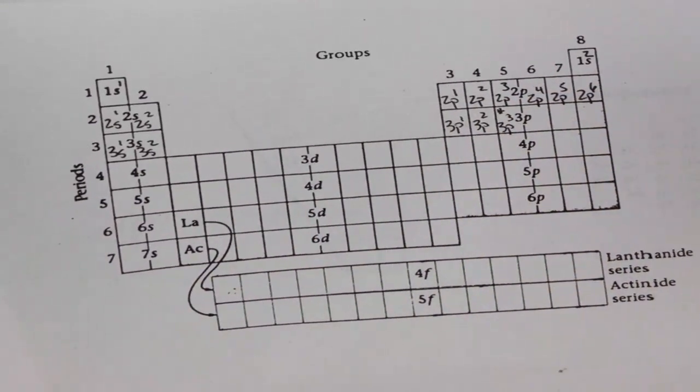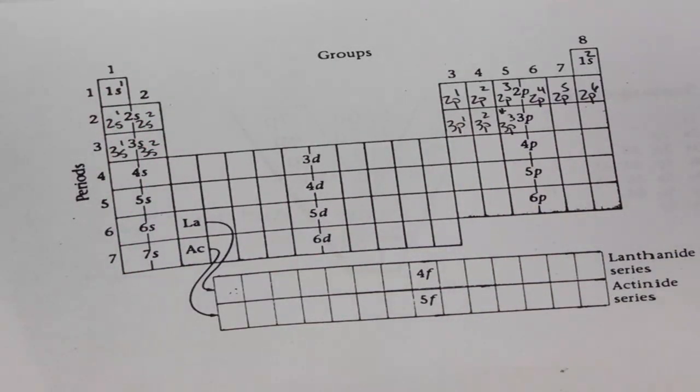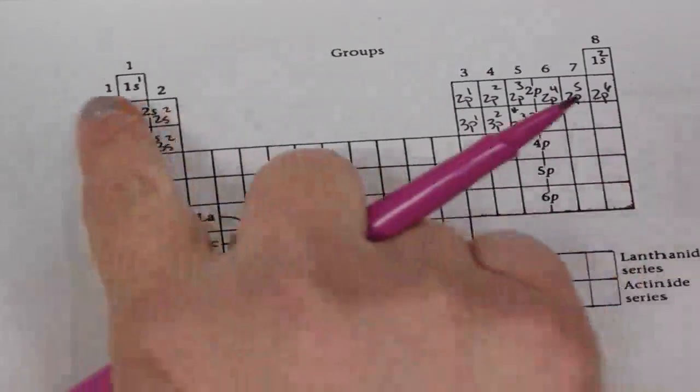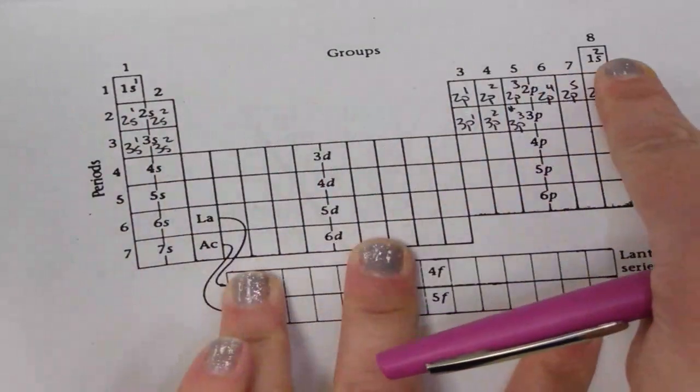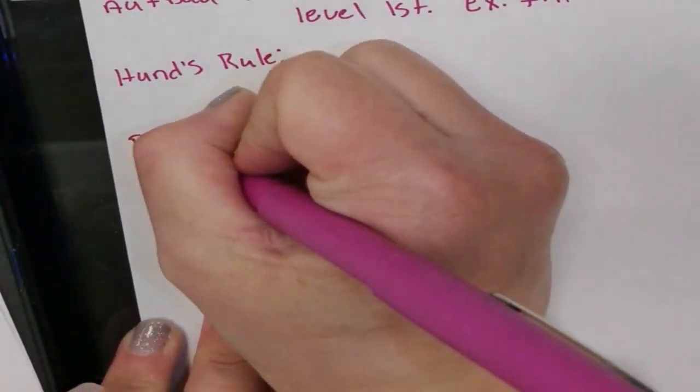So when we write our electron configuration, it would be a lot to write each one of these individually. So what we're going to do is shorten it up a little bit. I went through the entire first energy level, so I'm going to simply write 1s2.